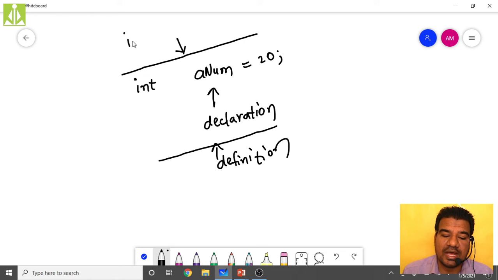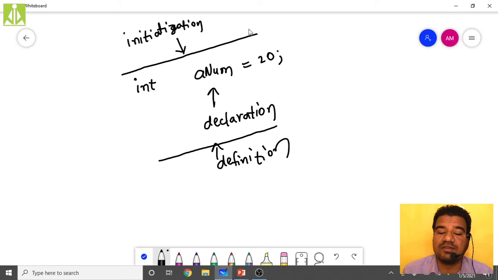Why am I giving these lines here? Without the declaration you can't do the definition. If you are doing the definition, you must do the declaration. And if you are doing the initialization, you must do both declaration as well as definition.